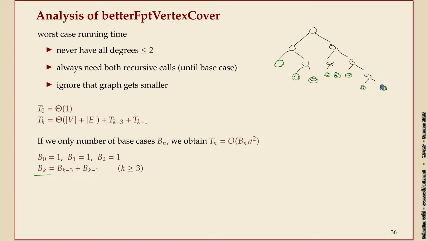Now, because this is a binary tree, the number of internal nodes, so the number of recursive calls that do further recursion, so I guess these are non-leaf recursive calls or non-base cases, these are all these other vertices. Their number is bounded by the number of leaves, because it's a binary tree.